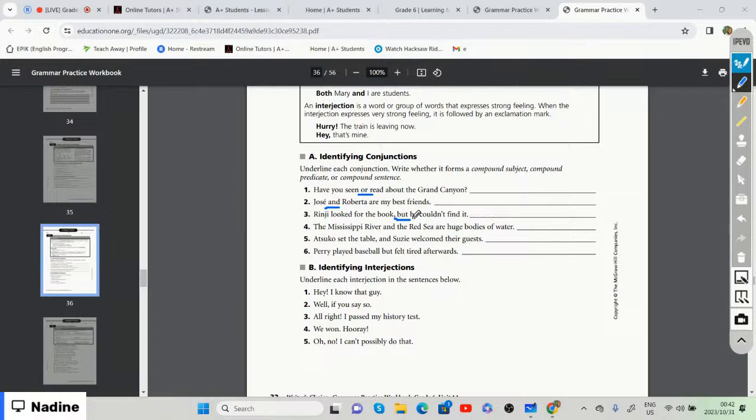And the Mississippi River and the Red Sea are huge bodies of water. So we will choose and.